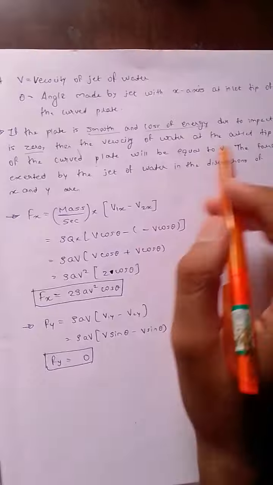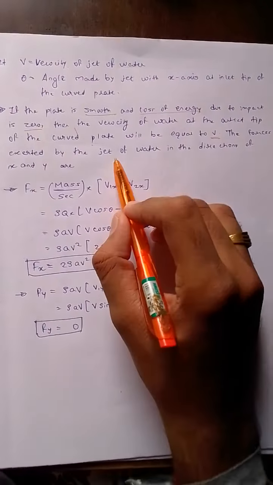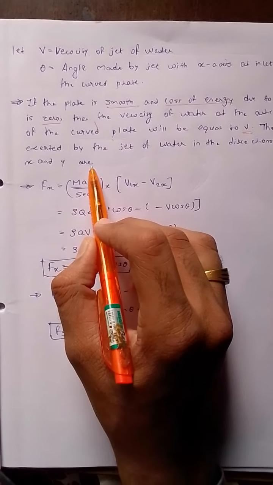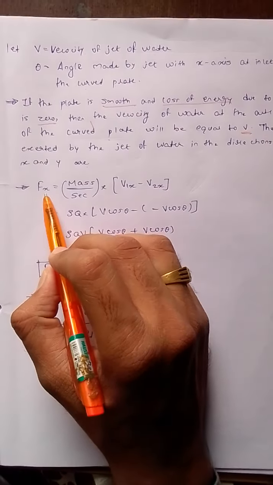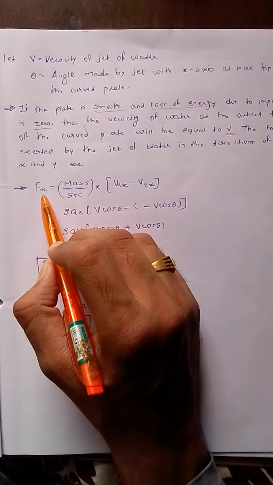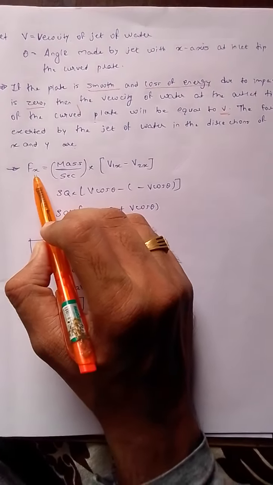The next point is the force exerted by the jet of water in the direction of x and y. The first will be Fx, the force exerted by the jet in the x direction.